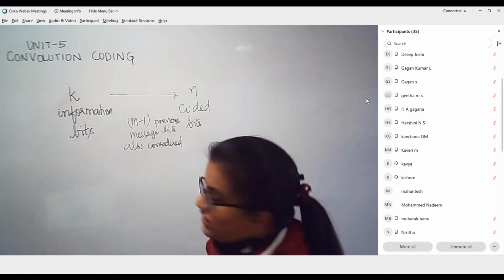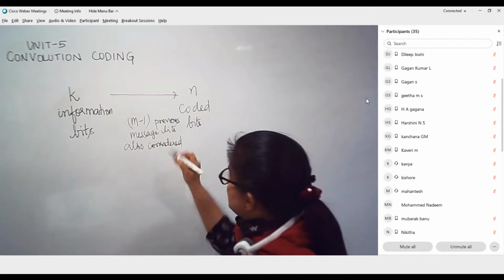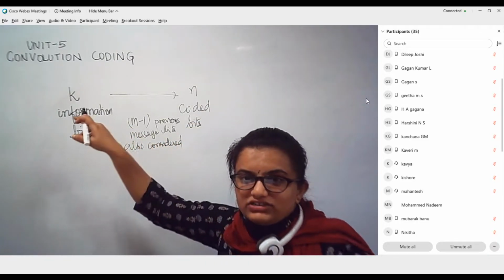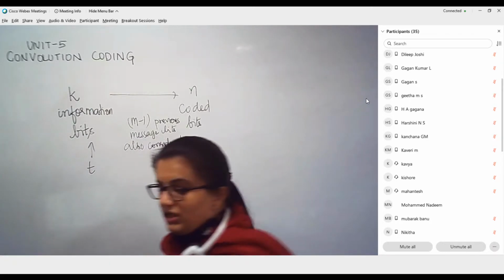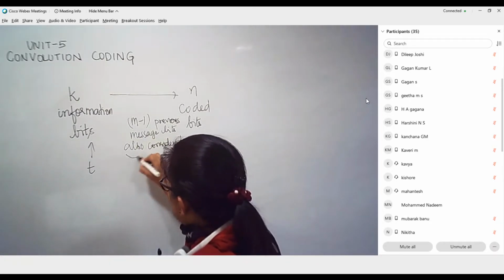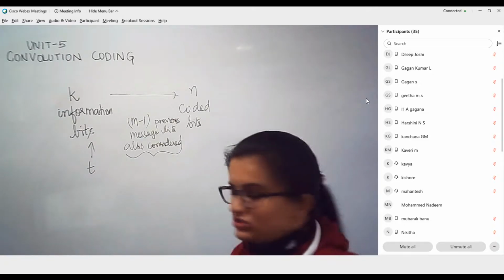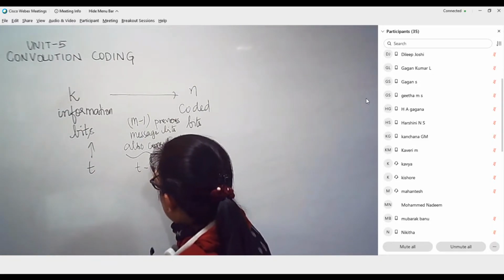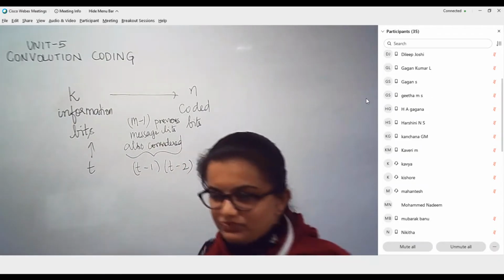So while we convert k bits of information into an n bit code word, this n bit code word not only depends on the bit that was generated at time instance t, but it also depends on the bits that were pushed into the shift register at time t minus 1, t minus 2, and so on and so forth.